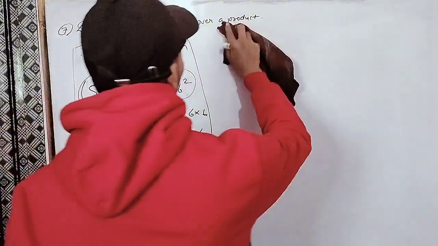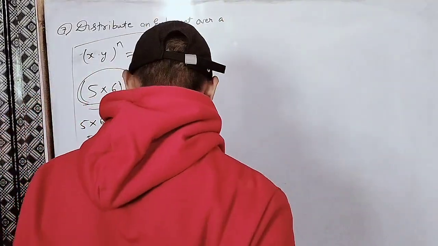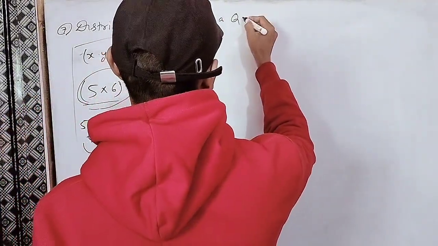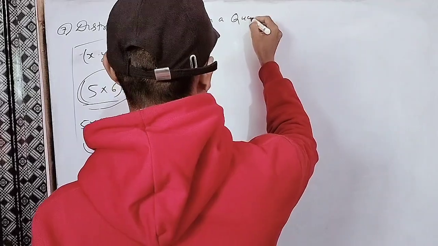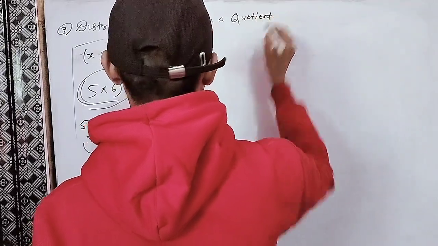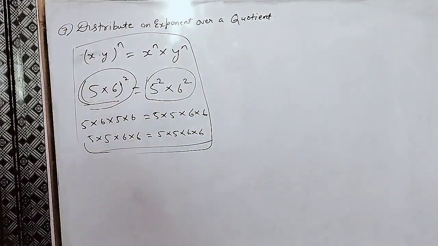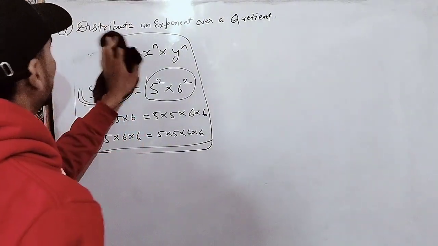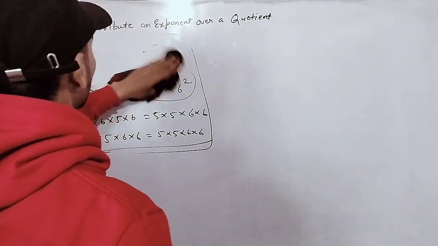Now we have a quotient. Did you understand? I wrote quotient. What is the meaning of this statement?